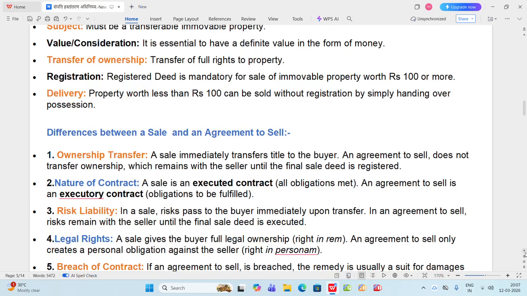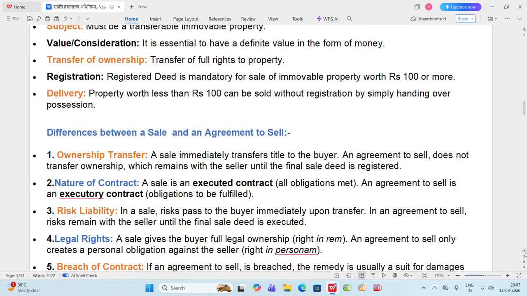In the sale, the rights are transferred simultaneously, but in case of agreement to sell, there is an agreement between the seller and the buyer, and when the buyer fulfills those conditions, then all the rights of the property are transferred to the buyer. So let us now discuss what are the differences between a sale and an agreement to sell.